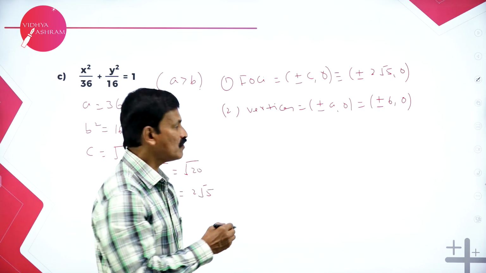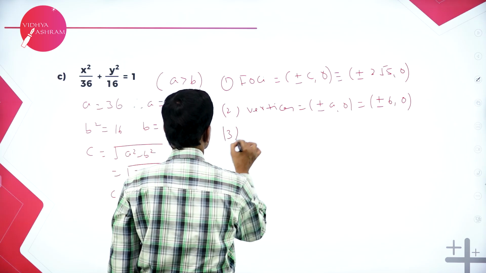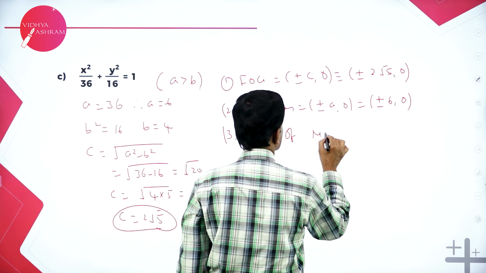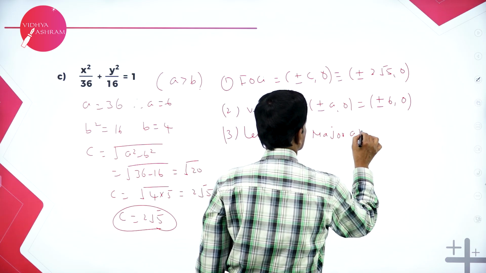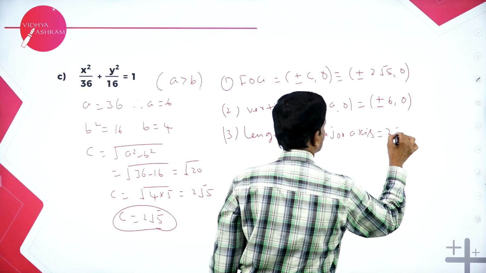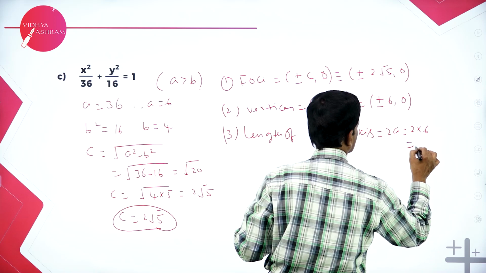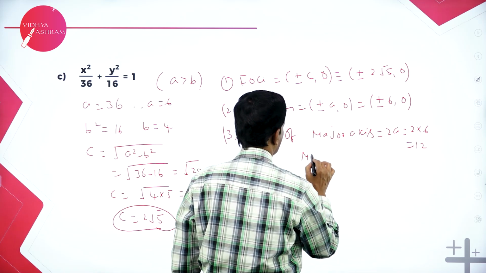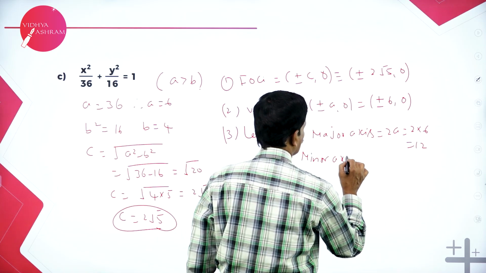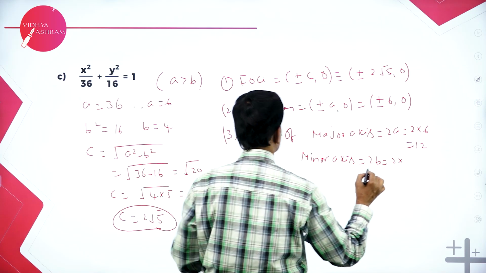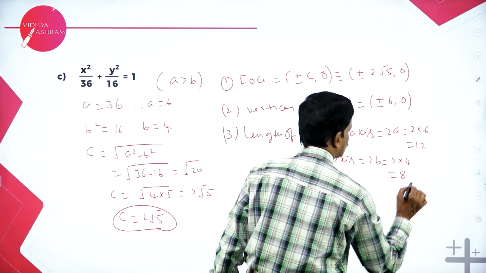Okay. Now length of major axis. Length of major axis is equal to 2a. 2 into a is 6, that's equal to 12. Similarly, length of minor axis. Minor axis is 2b. 2 into b is 4, that's equal to 8.